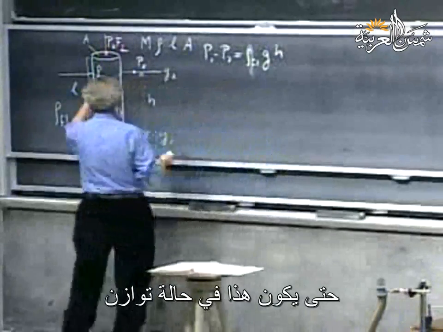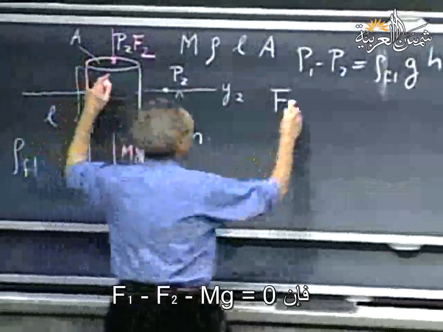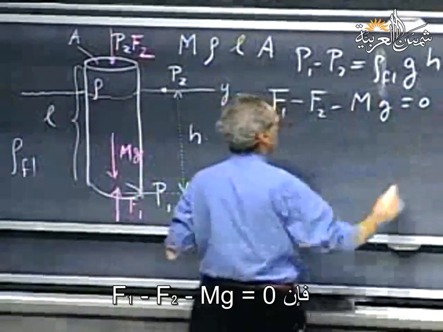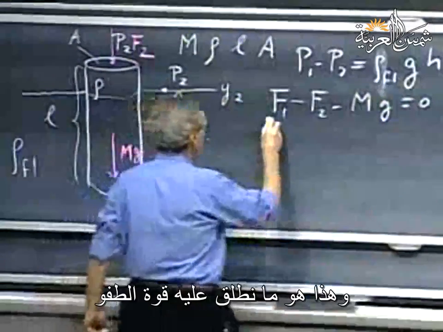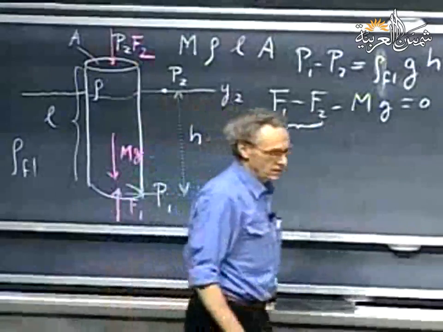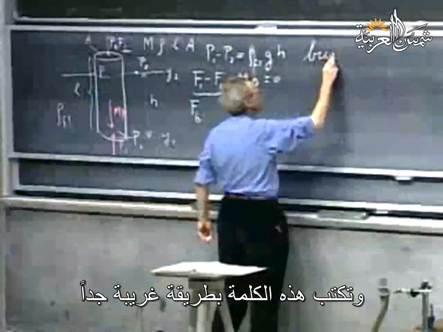For this to be in equilibrium, F1 minus F2 minus mg have to be 0. And this we call the buoyant force. And buoyant is spelled in a very strange way, B-U-O-Y-A-N-T.